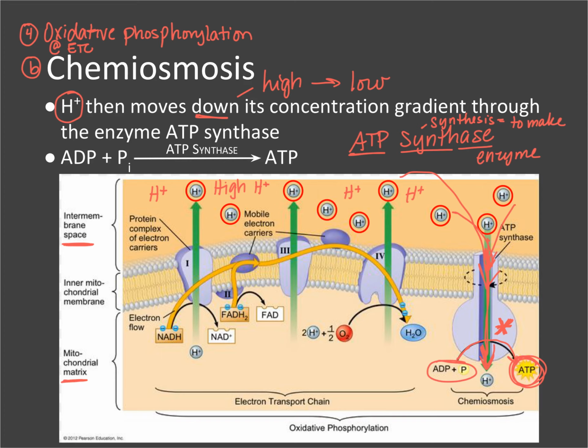To summarize oxidative phosphorylation, we have electrons that go through the electron transport chain, which ultimately combine with oxygen to form water. As the electrons are getting passed through the electron transport chain, hydrogen ions are getting pumped from the matrix of the mitochondria into the intermembrane space. This sets up a concentration gradient for hydrogen ions.